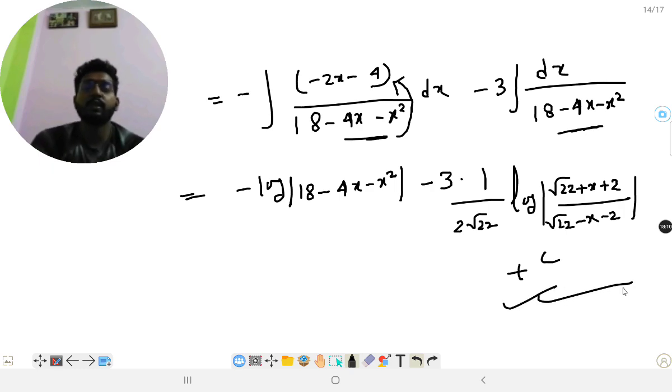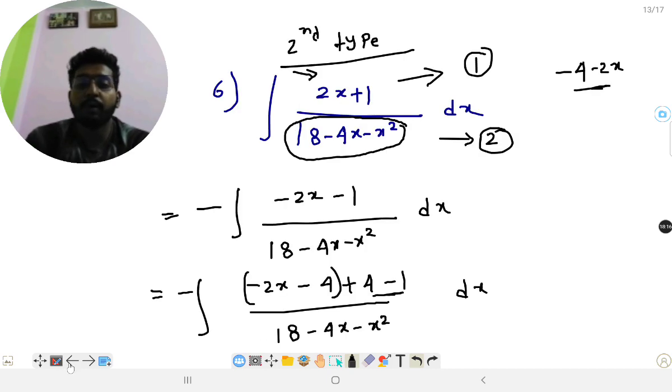Okay, so this is the way to solve the second type. Whenever the second type is given, that means the numerator power is 1 and the denominator power is 2, we have to first differentiate the denominator and then make the numerator in the form of the derivative. So here you can see the derivative of this one was minus 4 minus 2x.